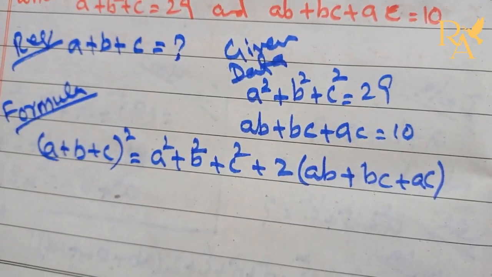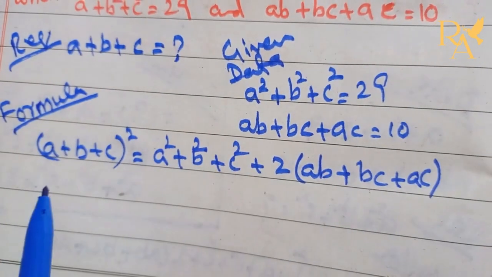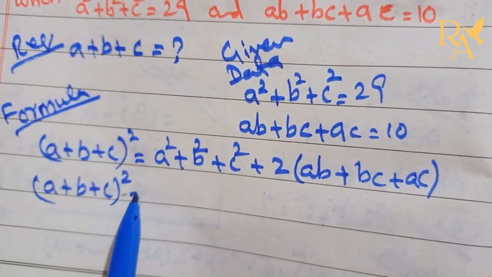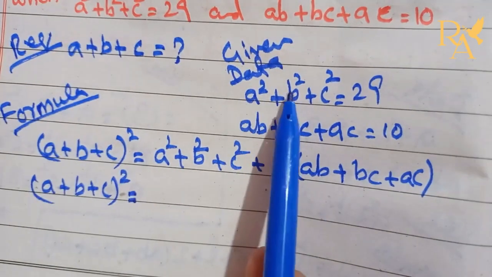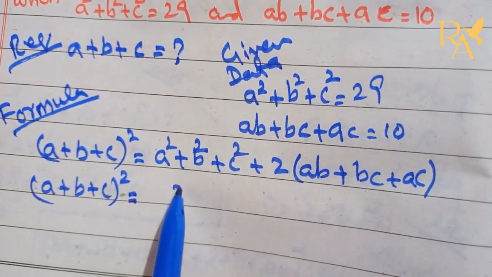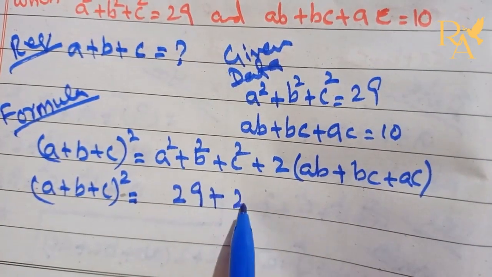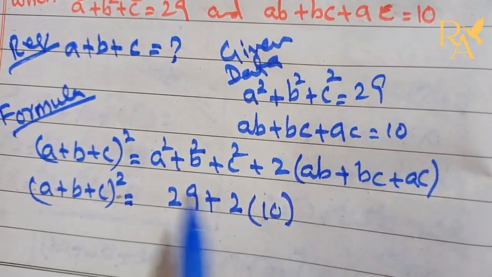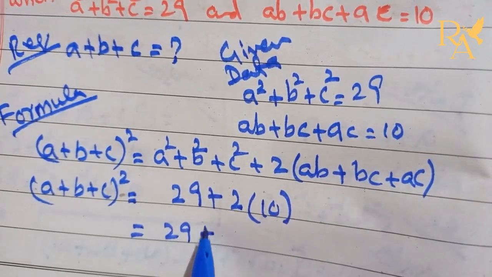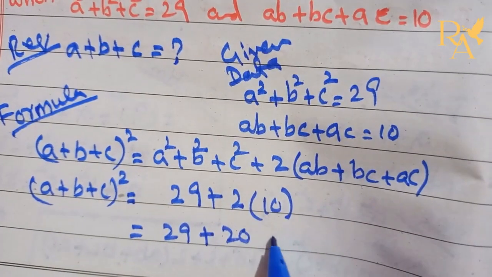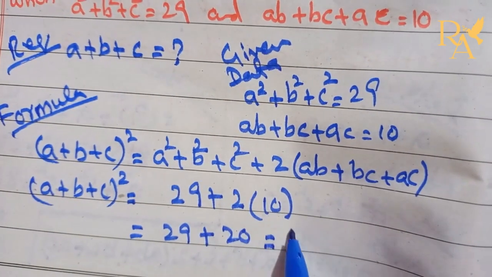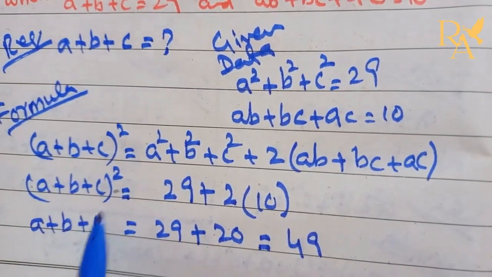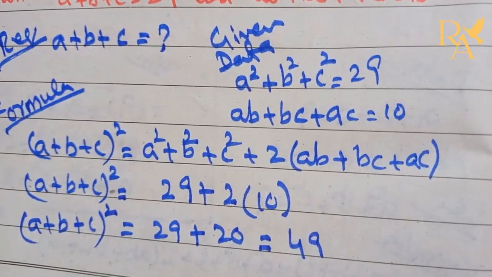Now put the values of the given data: 29 plus 2 times 10, which is 29 plus 20, is equal to 49. So A plus B plus C whole square is equal to 49.